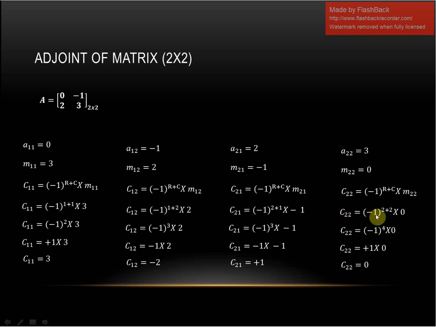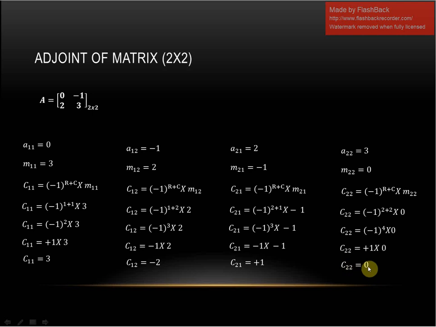C22 is equal to minus 1 raised to the power 2 plus 2 multiplied by 0. C22 is minus 1 raised to the power 4 multiplied by 0. Any negative numerical value to an even power is a positive value. So minus 1 raised to the power 4 is plus 1 multiplied by 0. So the cofactor associated with 2 and 2 is equal to 0.